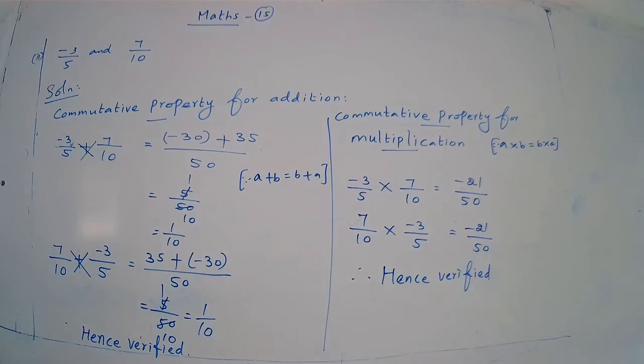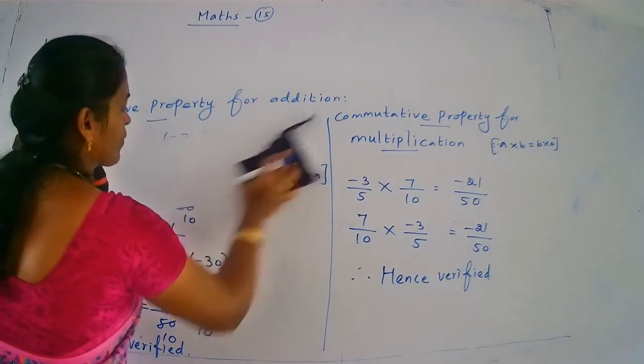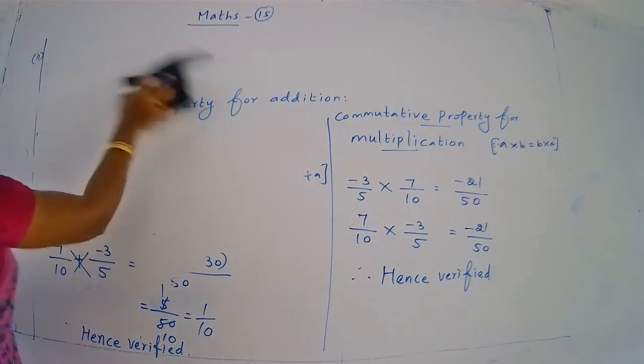You check this property for multiplication. Commutative property for multiplication.